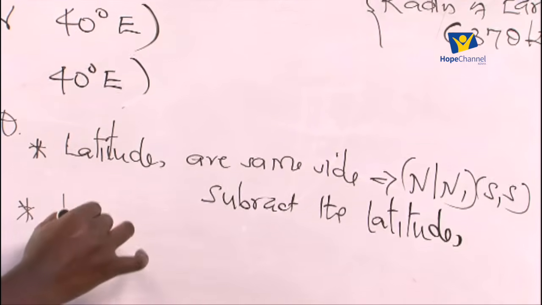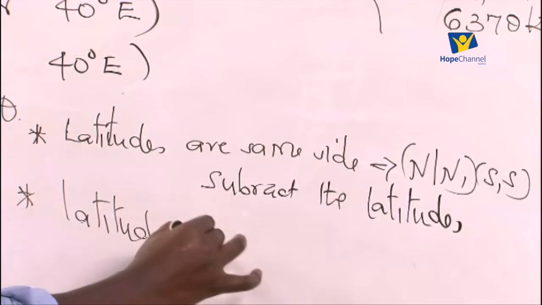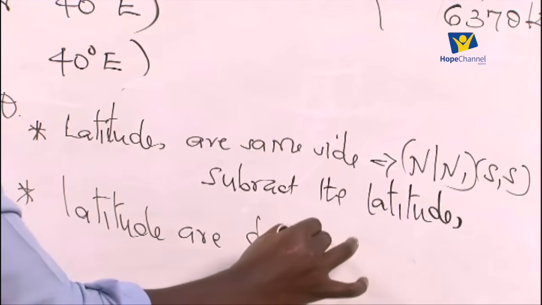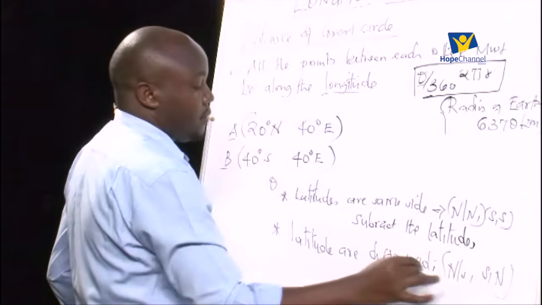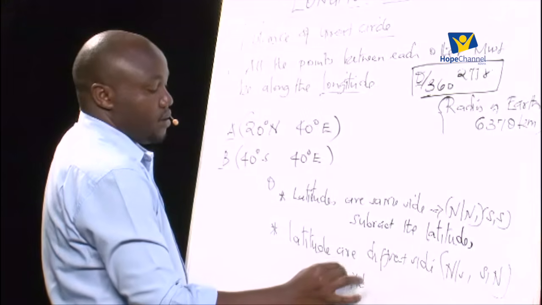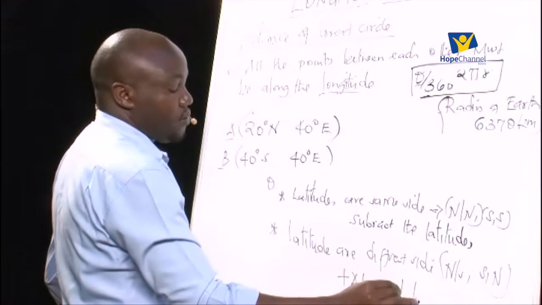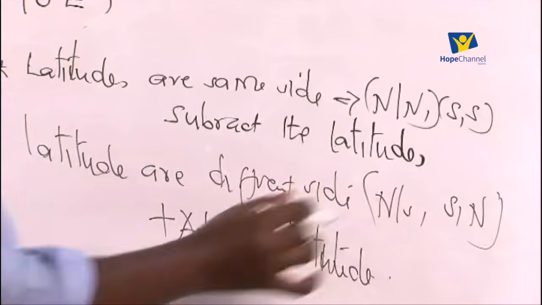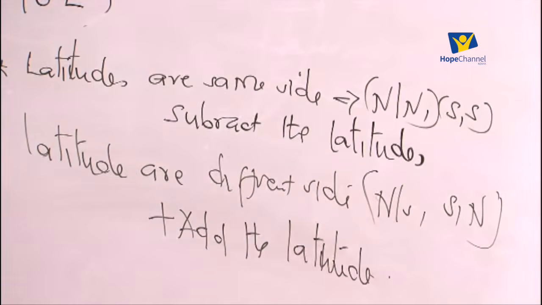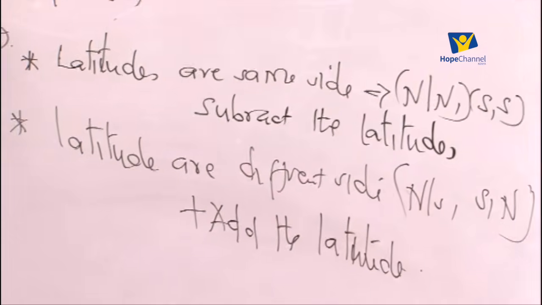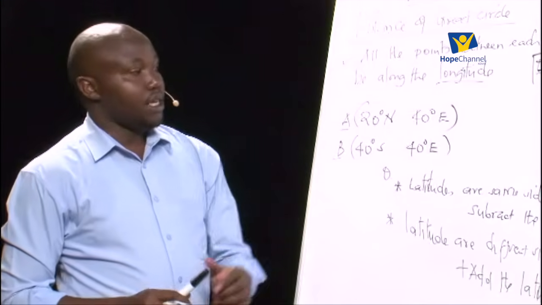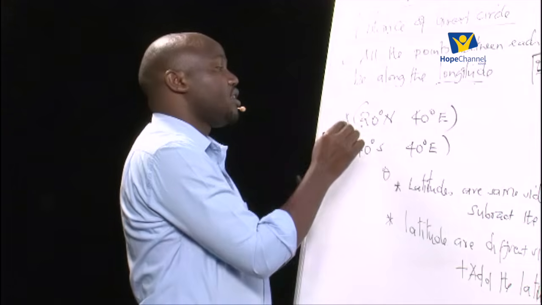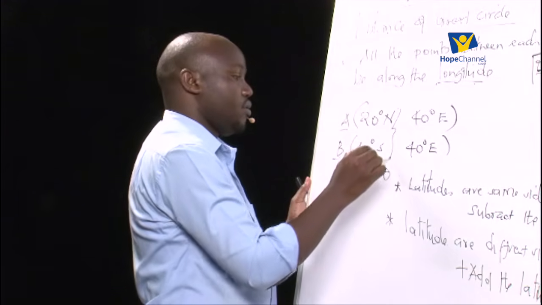If the latitudes are on different sides, for example, north, south, or south, north, whichever, then you add the latitudes. Note that when you're dealing with great circle, you get the difference on the latitudes. Later on, when you go to small circle, we shall see where you get the difference from. But now you're dealing with the longitude. So get the difference from the latitudes when you're dealing with the great circle.